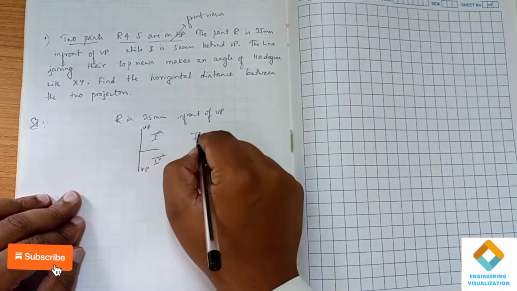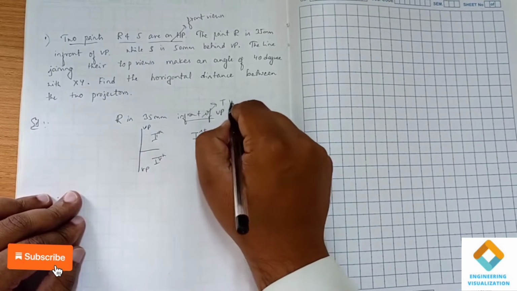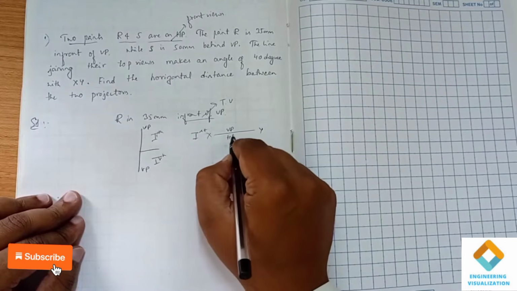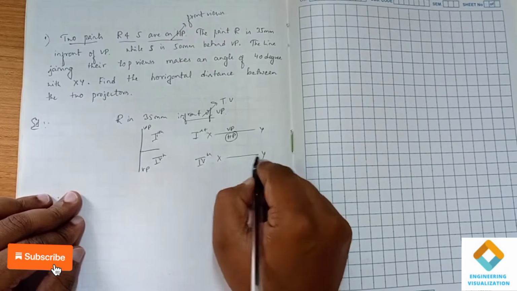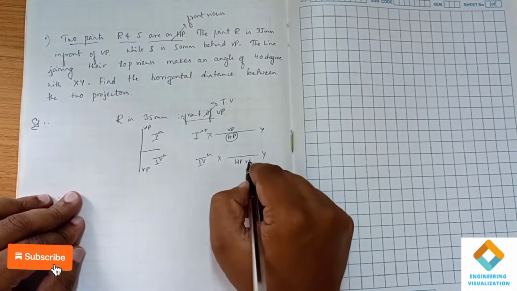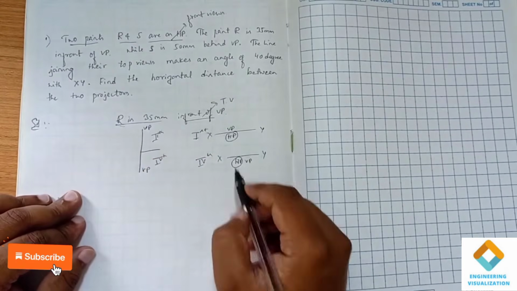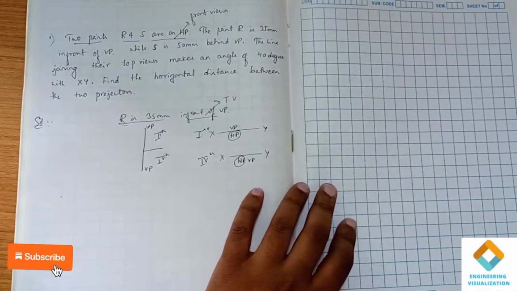In front of VP means this is the top view. So, VP, HP, below the XY line. In both the cases, this R top view is lying below the XY line. Now we will draw the top view first.